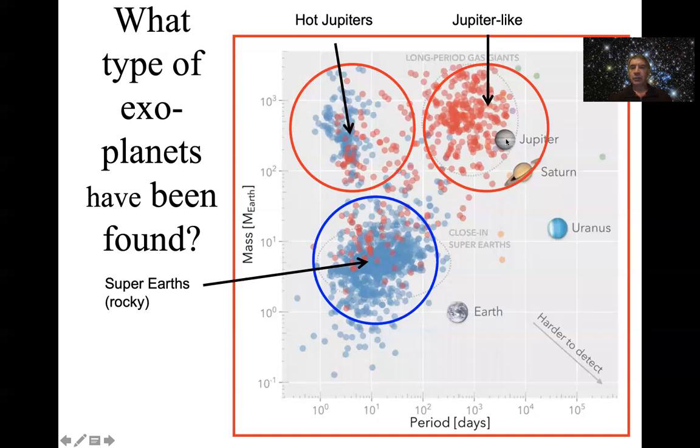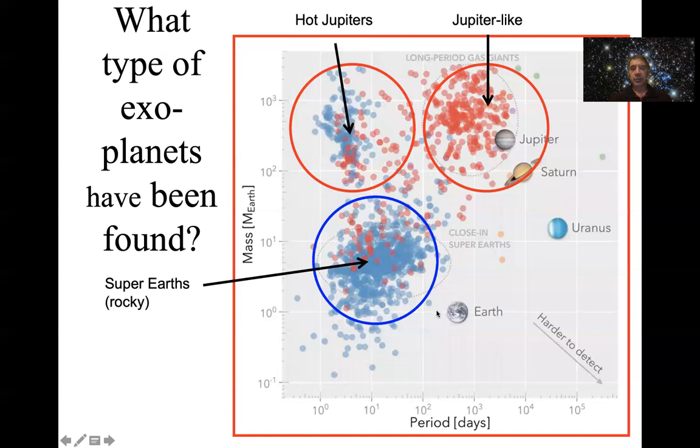If you're waiting 12 years for your transit to repeat, that's quite a big ask. Even for the Earth, you have to wait a year for that to repeat. So they're getting close, but not close enough yet.